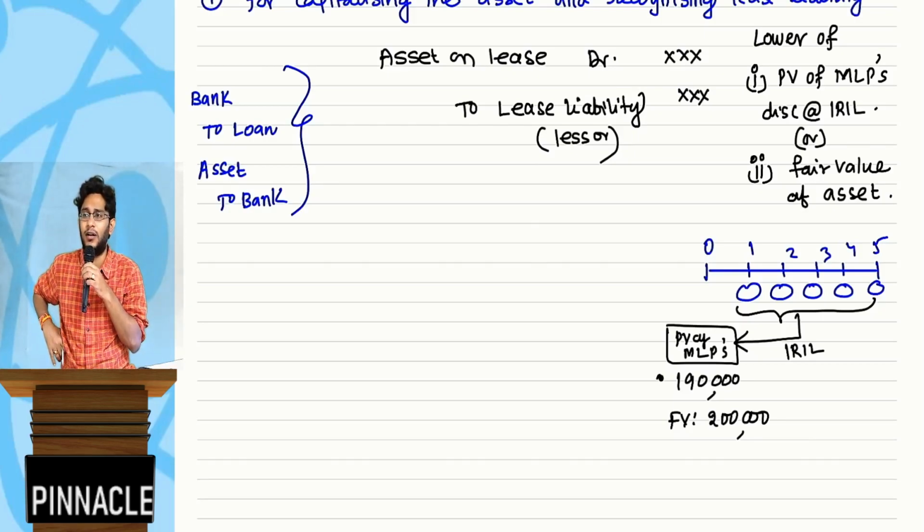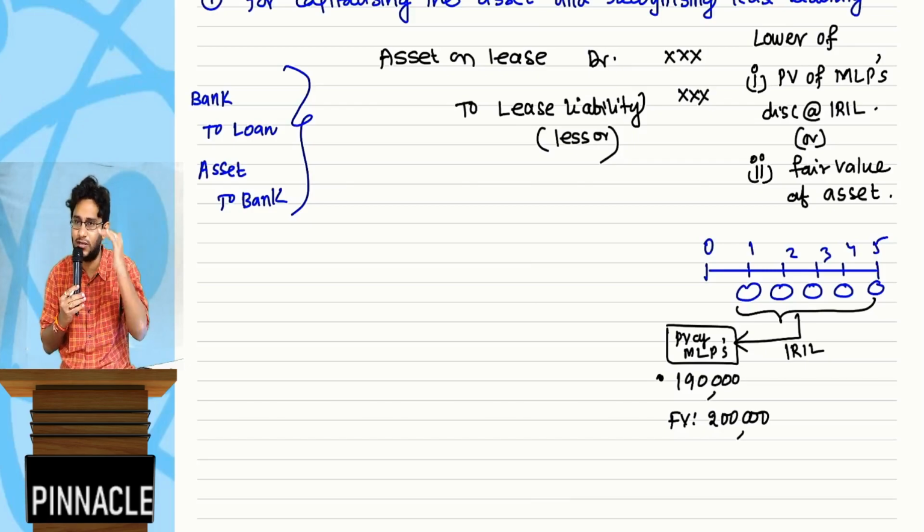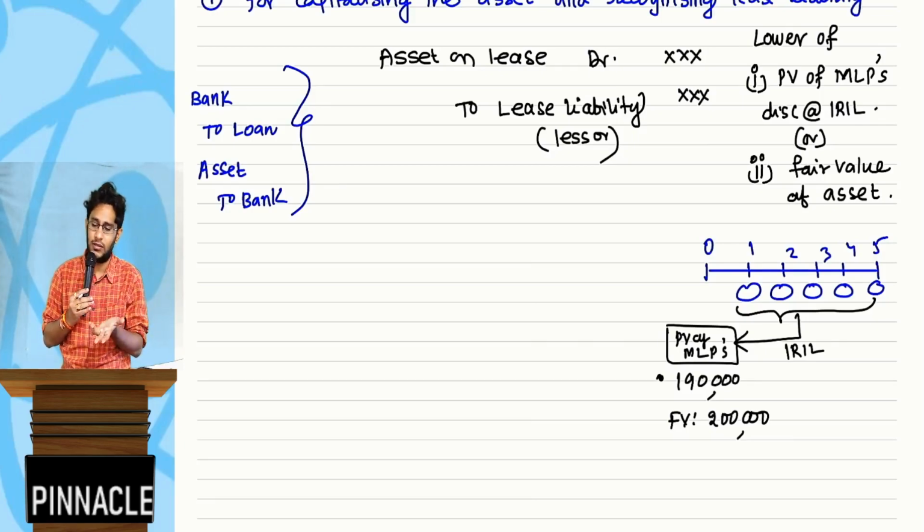So the asset is recorded at cost, no? So what is cost for me? 1,90,000 only. So I'll record only at 1,90,000, whichever is the lower scenario, sir. Why lower? Not because I like a lower number. Cost is what you have to record, sir. Whatever I am paying, that becomes cost. So cost is whatever I pay. I am paying 1,90,000, so I record 1,90,000.